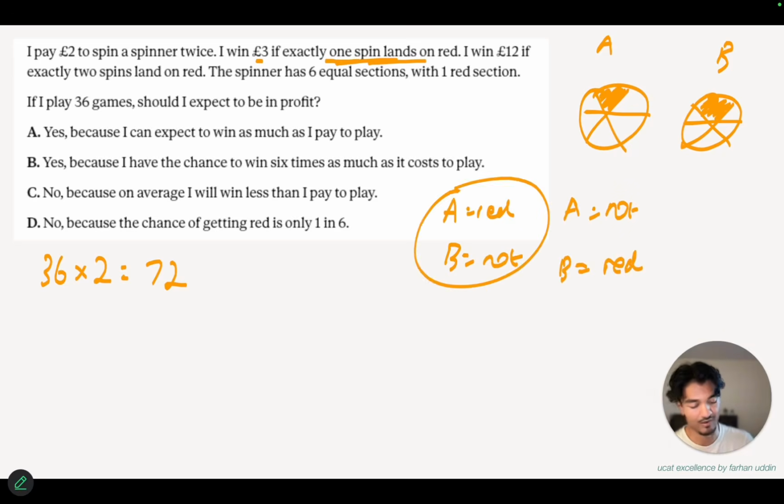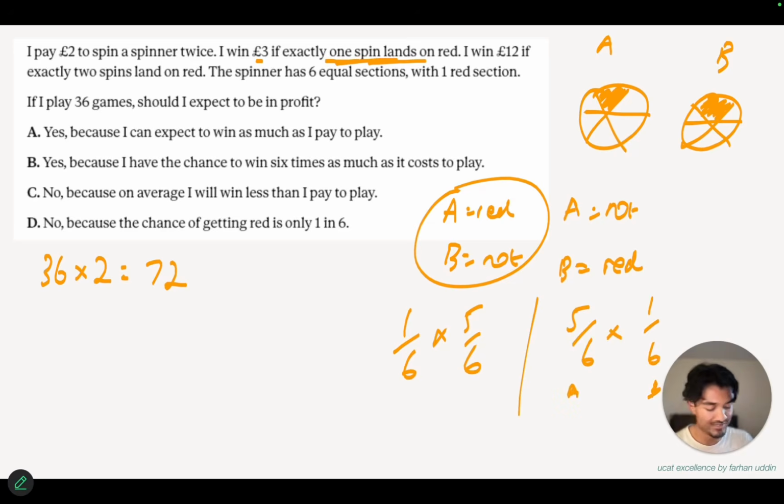Let's go with this one first. That's 1 over 6 times 5 over 6. And what's this one? We've got 5 over 6 for not red, for A here, and B 1 over 6 here. So if you total these up together, this ends up giving you basically a 10 on 36 chance of getting a red.